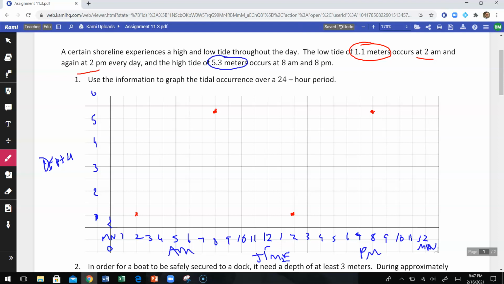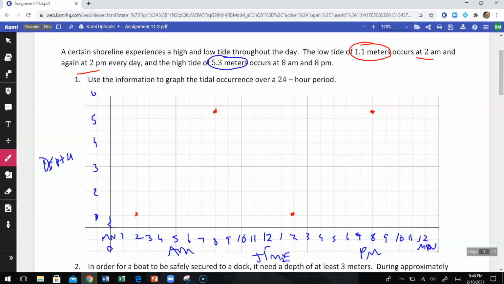Now how I know what to do from this point is that this is what we call a periodic situation, because the very next day we would have this same thing going on. We'd have the low tide of 1.1 meters at 2 a.m. and 2 p.m. and the high tide being the same thing at the same times as well.